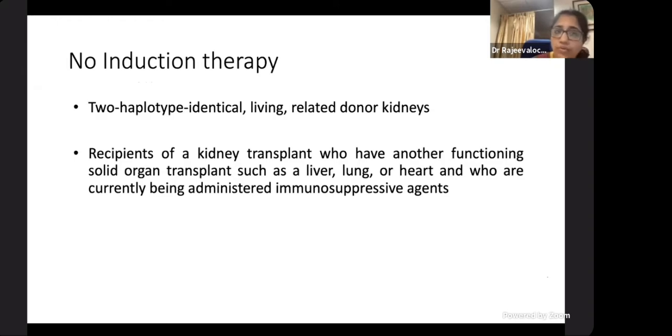As I've already told you, any 2 haplotype white person with living related donor kidneys and where there's 0 HLA mismatch, and the recipients of a kidney transplant who have another functioning solid organ transplant.